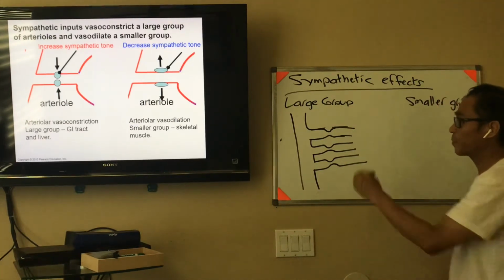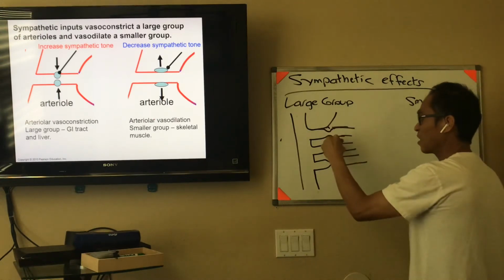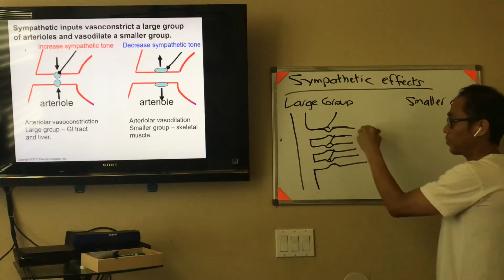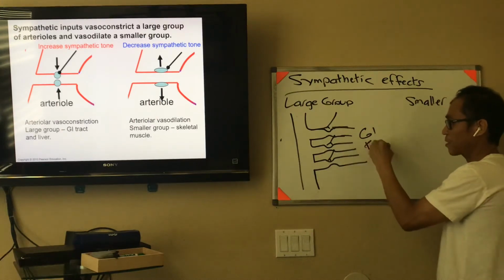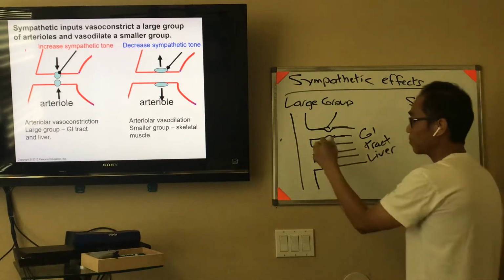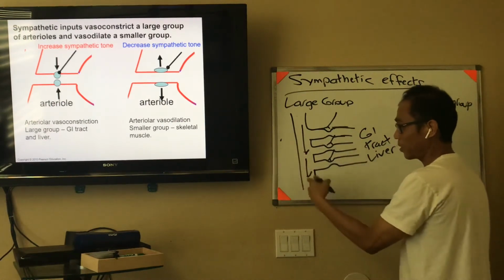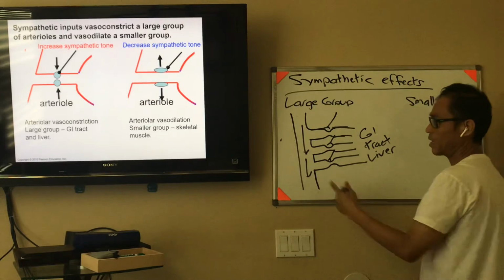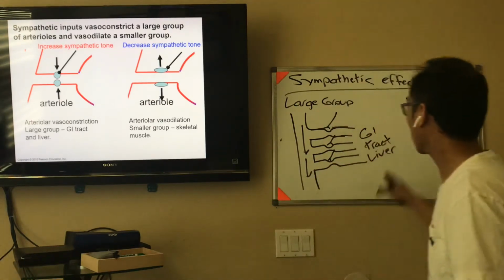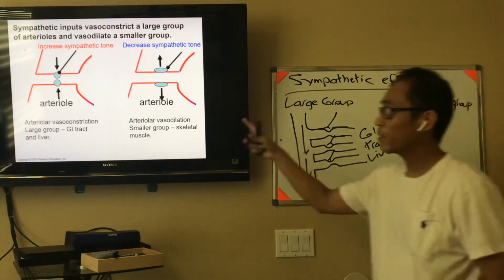So here's my large group, and my sympathetic nerves are clamping down at one point. And this happens very well at the GI tract and liver. And that keeps blood in the main artery. So the blood pressure is elevated, and you're shunting that blood to where you need it in a fight or flight response to a smaller group, which is mostly the skeletal muscles.